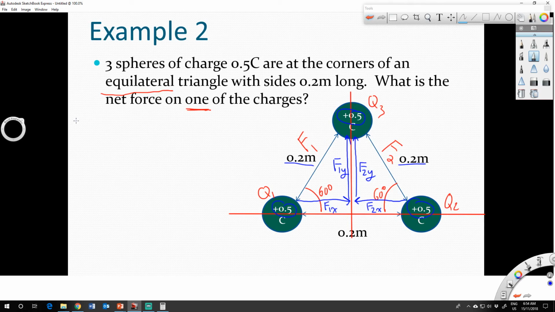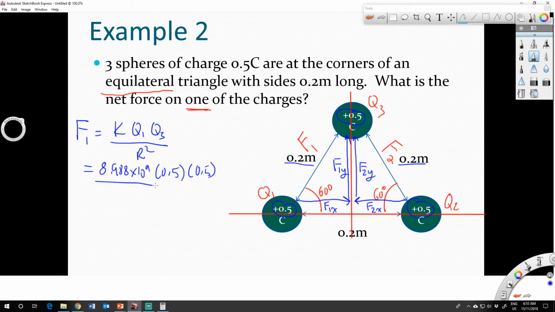And for that, we need to know what the actual F1 is. Well, F1 is going to be k Q1 Q3 over r squared. So this will be 8.988 times 10 to the 9 times a half Coulomb positive charge times another half Coulomb positive charge, divided by 0.2 squared.